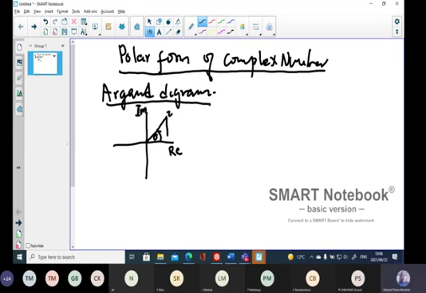If we join these, we have a right-angled triangle, with iy representing the imaginary part, R the length, and x the real part.